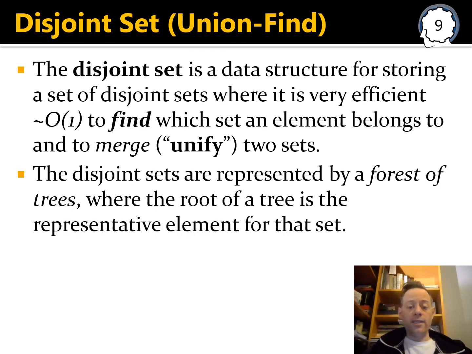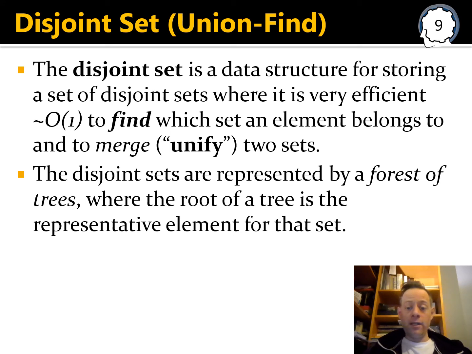So disjoint sets are represented by a forest of trees. I'm sure you're all familiar with trees. So a tree has a root, and then it has a number of elements below the root or above the root, depending on how you turn your tree. And then a forest is just a set of such trees.